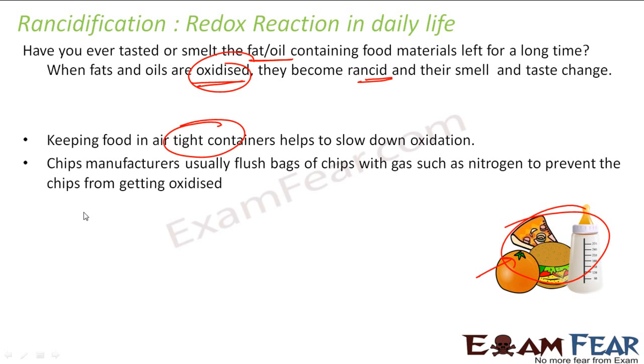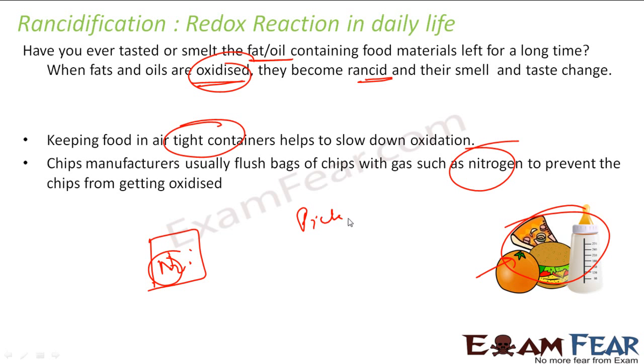Also the chips which you get, Uncle Chips and Lay's and all the chips, are packed in a wrapper and they are airtight. Inside they put some nitrogen so that the chips don't come in contact with oxygen, and this prevents them from getting oxidized, because if oxidized, they get spoiled.